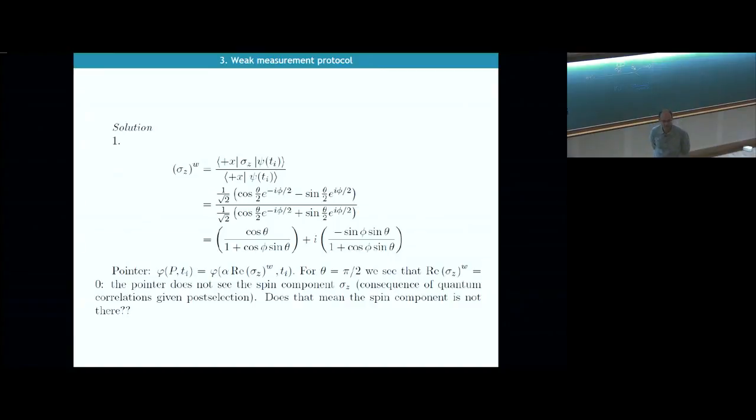So that's why it doesn't see the plus x spin, because since we have post-selection at the end, then the correlations impose that the weak pointer state cannot change. Otherwise, we would not have reached the final state.